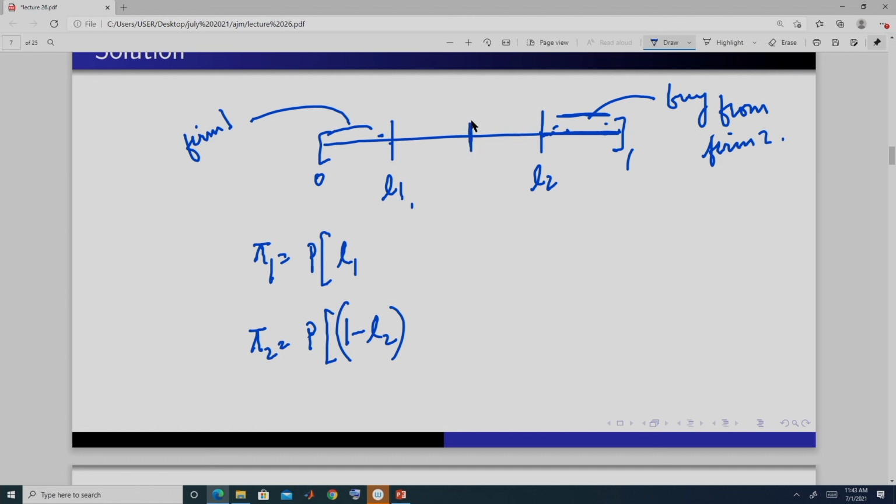So, we will get a person, suppose L naught, such that this person is indifferent between buying from firm 1 and firm 2, because prices are the same, value is the same, and the distance is the same. This distance must be equal to this distance for this person to be indifferent between buying from firm 1 and firm 2. So, how do we locate this L naught? We have to complete this part.